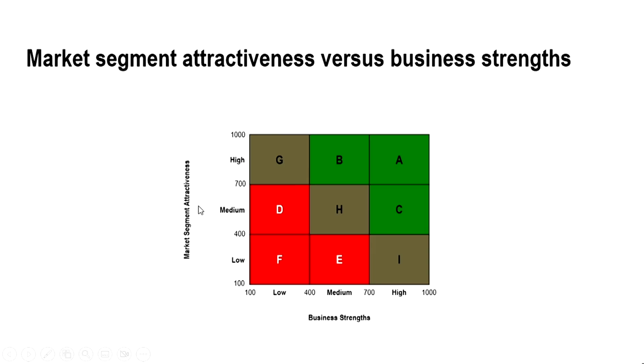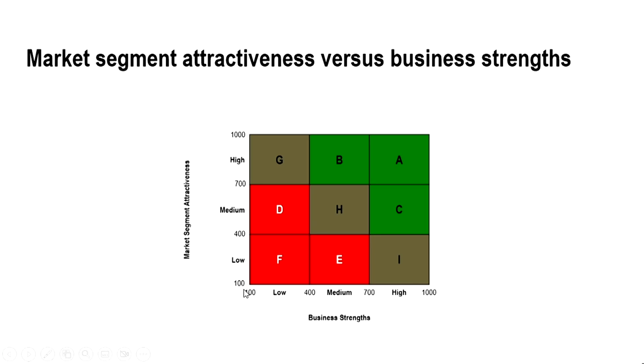If you remember from the previous session, attractiveness will depend on the current size, the rate of growth, and not only the current industry status but the future possible industry status, the emerging technological changes, etc. Those are various judgments that we use to understand market segment attractiveness.